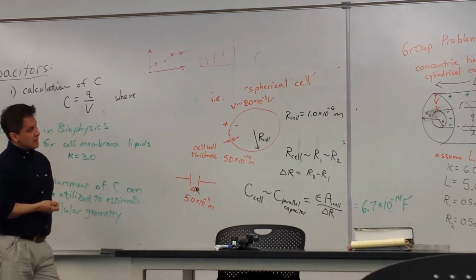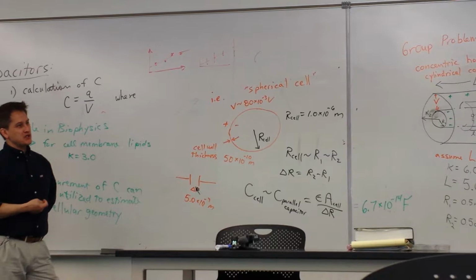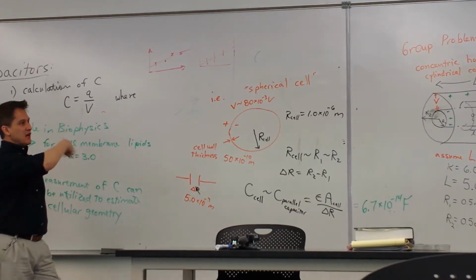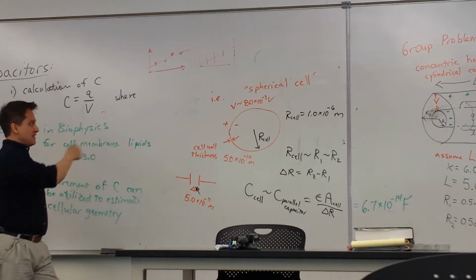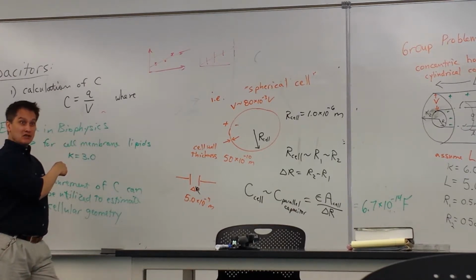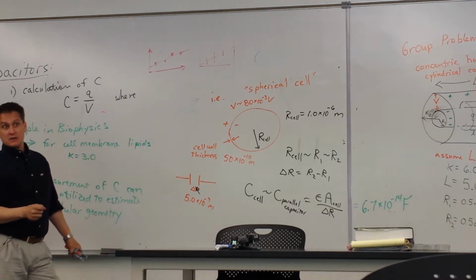So let's just think about this for a second. How many equivalent electron charges would have to be on the surface of this thing to maintain an 80 millivolt potential difference with a capacitance of 67 femtofarads?